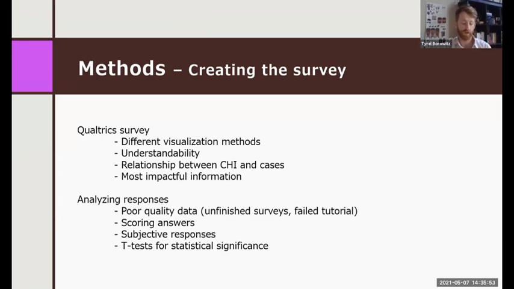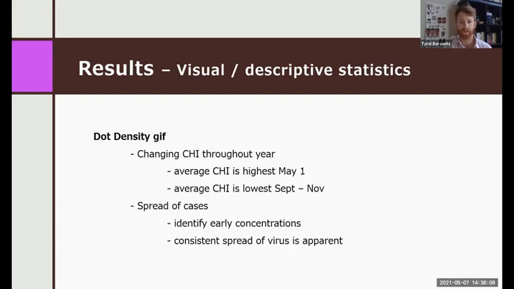And then I had to score the objective questions. I had to analyze the subjective responses. And then I did some t-tests afterward to see if there was a difference in the mean values for different groups, for different kinds of questions. So I'll go through all that. But first, let's talk about what I learned from my visualizations.